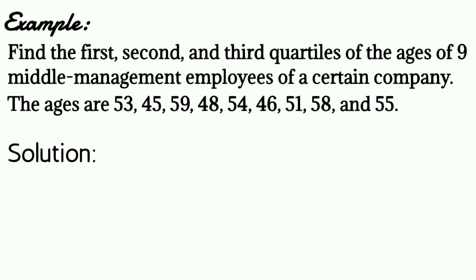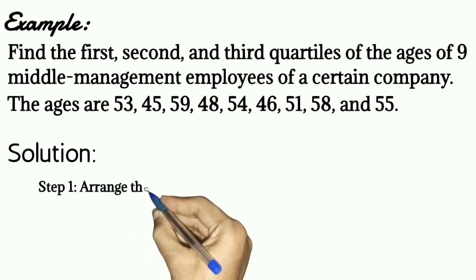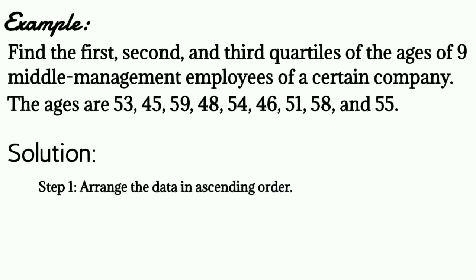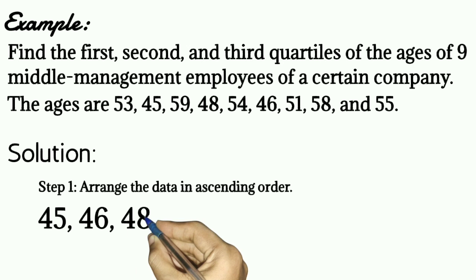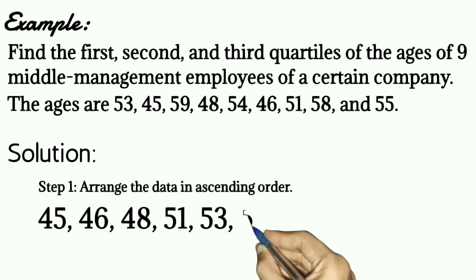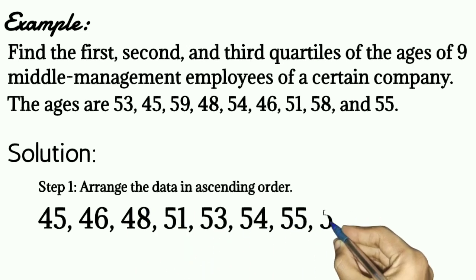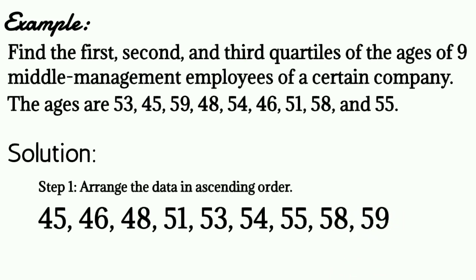In order to find the first, second, and third quartiles, the first step is to arrange the data in ascending order. The lowest value is 45 and the highest value is 59. Therefore, the starting point is 45. We have 45, 46, 48, 51, 53, 54, 55, 58, and 59.